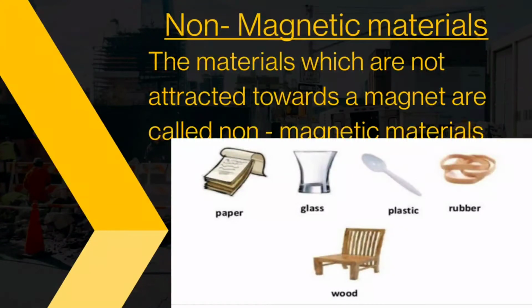Shoes are made up of leather, and leather is a non-magnetic material, so they are also not attracted by the magnet. A book is made up of paper, and paper is a non-magnetic material, so it will not stick to the magnet.